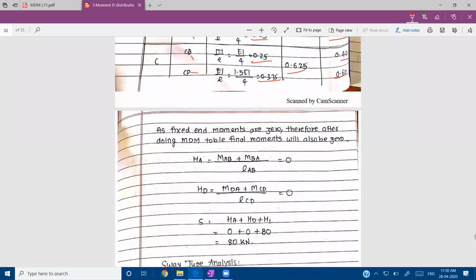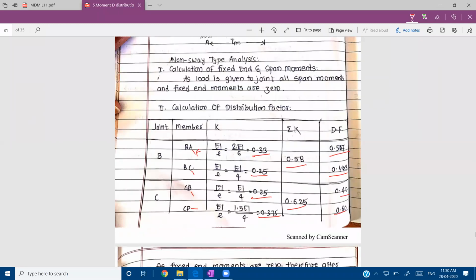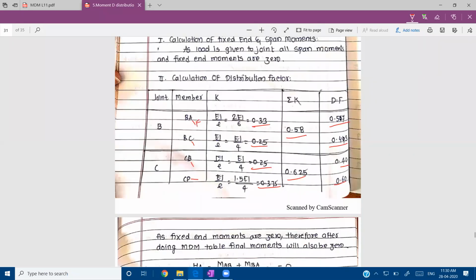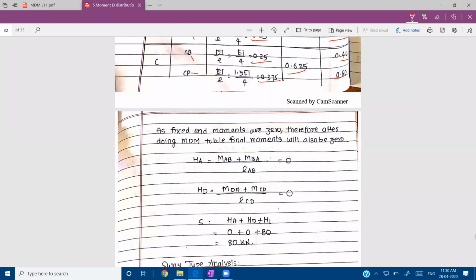Now, if you want to calculate the horizontal force HA, which is acting here, the formula will be MAB plus MBA divided by L1. That is calculated here. It is ultimately going to be zero because these two moments, MAB and MBA, are zero. Therefore, HA is also going to be zero. Similarly, HD is also going to be zero.